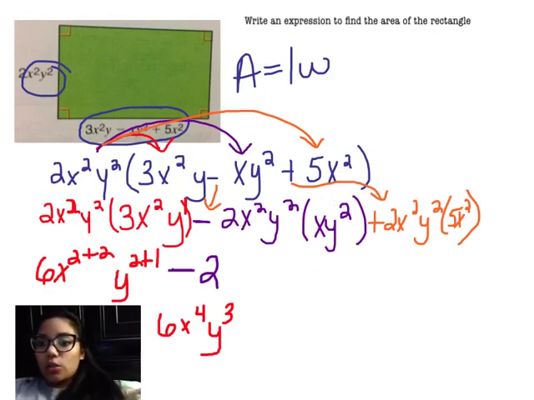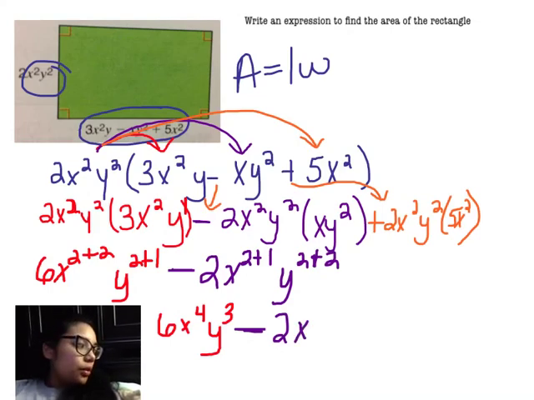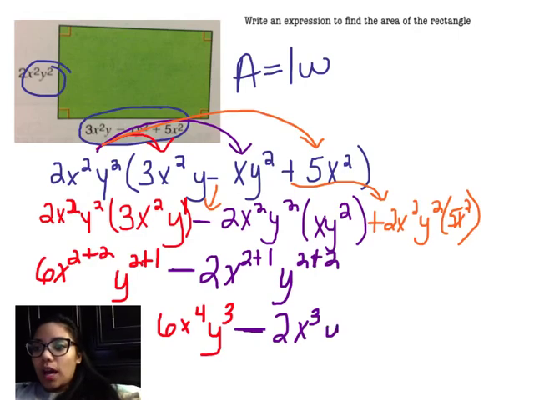So I'm going to do x squared plus 1, and then y squared plus 2. And now I'm going to drop it down and simplify it already. Minus 2x, 2 plus 1 is 3, and then y, 2 plus 2 is 4.